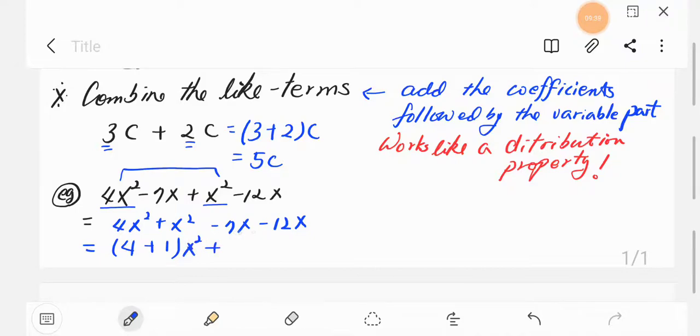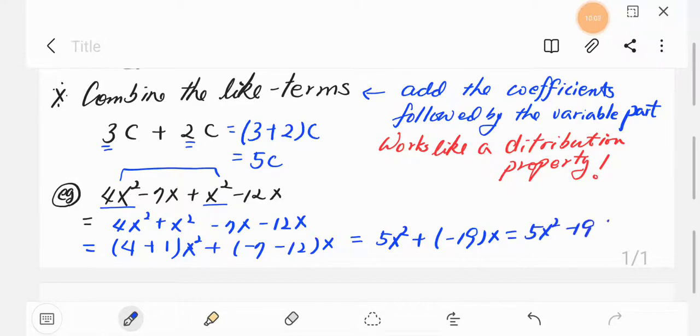For the variable term x, negative 7 is the coefficient of one term and negative 12 is the coefficient of the second, so the coefficient will be negative 19x. So this is equal to 5x squared minus 19x.